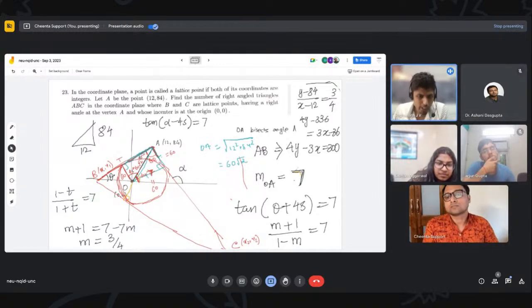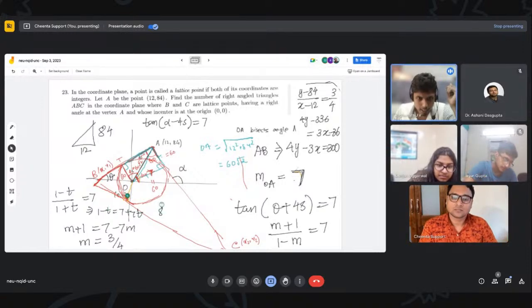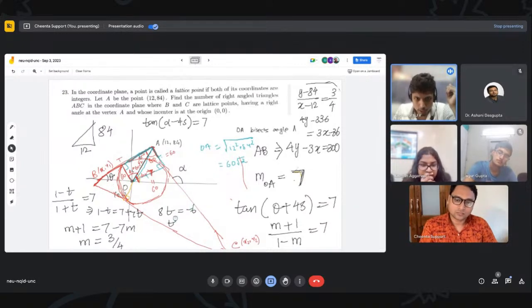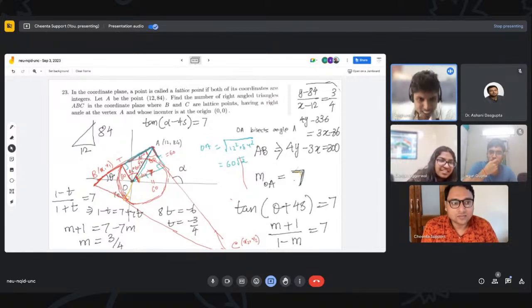So what will be t? 7 plus 7t, so 8t is equal to minus 6. So t is equal to minus 3 by 4. It's interesting, minus 3 by 4 and this is plus 3 by 4. I think I made a mistake because the product should be minus 1, right? Where did I make a mistake?